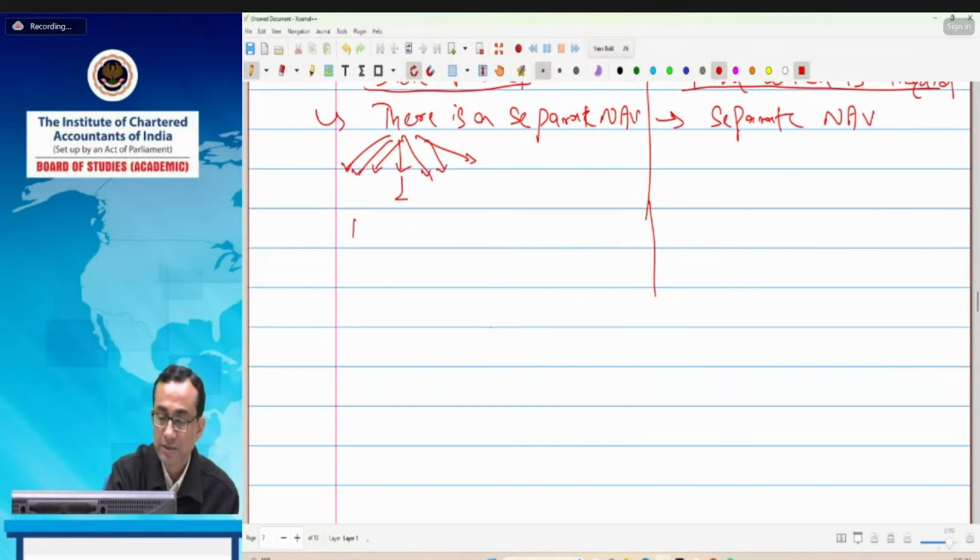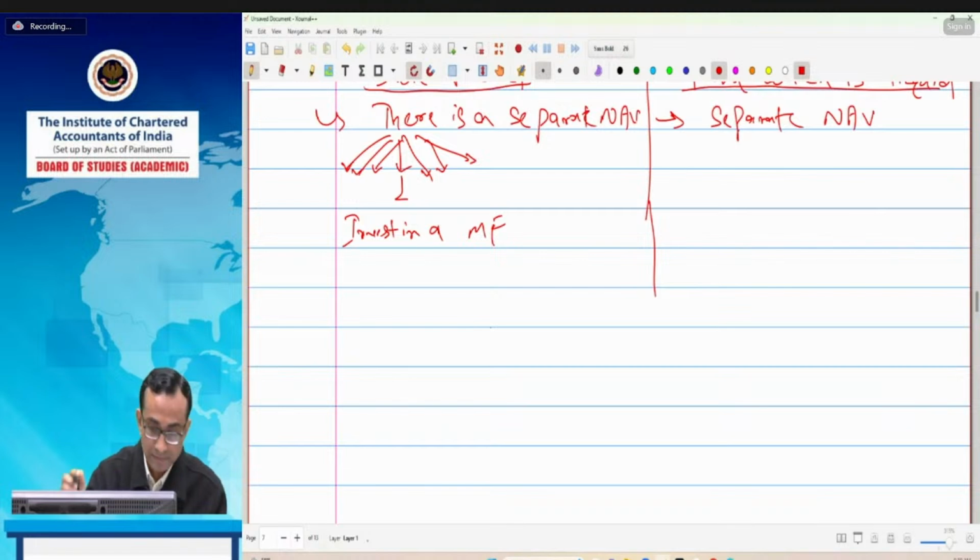They invest in a particular mutual fund. The mutual fund invested in a particular company.